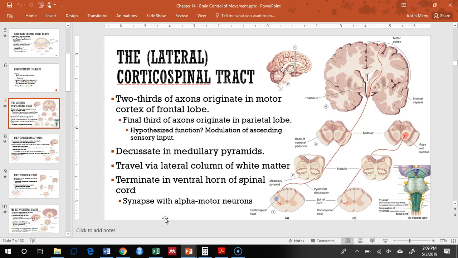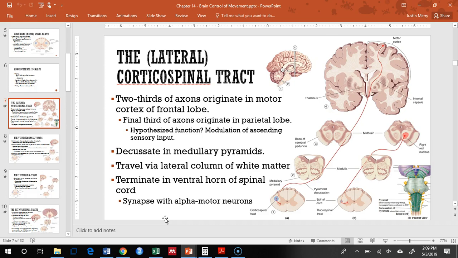They decussate down here in the medulla, and then they travel all the way along the lateral corticospinal tract, which is this little blue dot, or cylinder, traveling through the lateral column down to a particular level of spinal cord where it will exit, and then along with lots of other axons going the same direction, it'll stimulate the lower motor neurons down here.